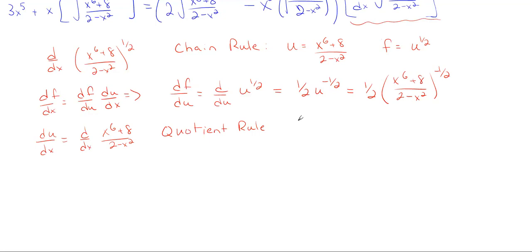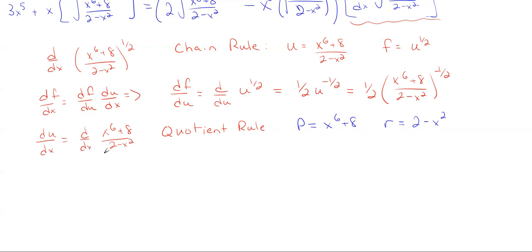So what we're going to do is, let's see, what variables haven't I used yet? Sometimes you just run out of variables. So let's use p is equal to my numerator portion, so that'd be x to the 6th plus 8. And then let's use r, we haven't used r yet, as 2 minus x squared for my denominator.